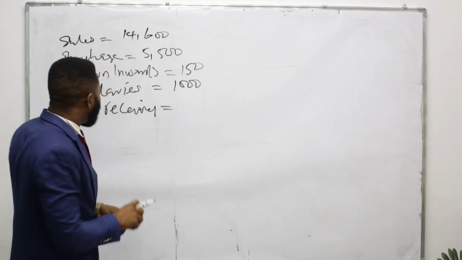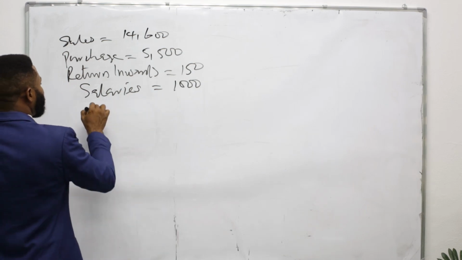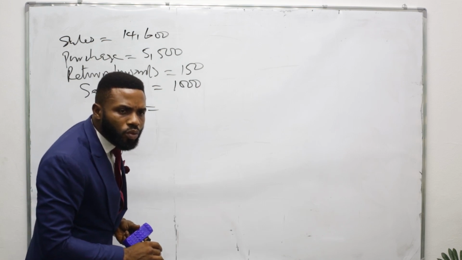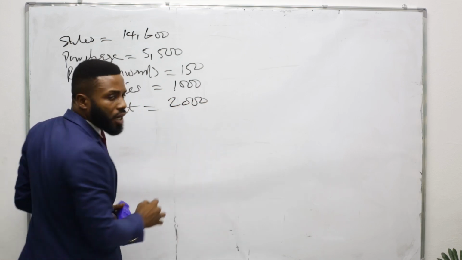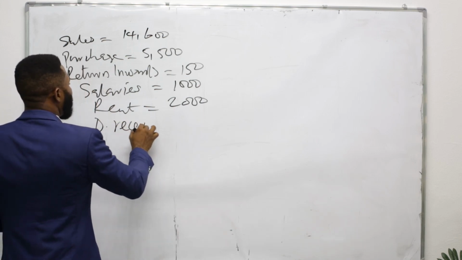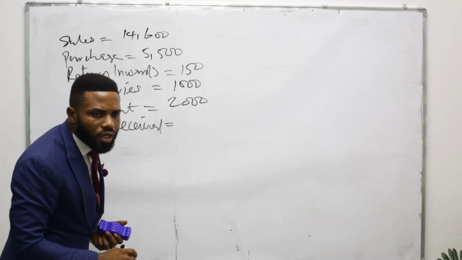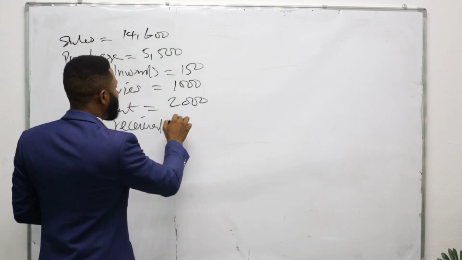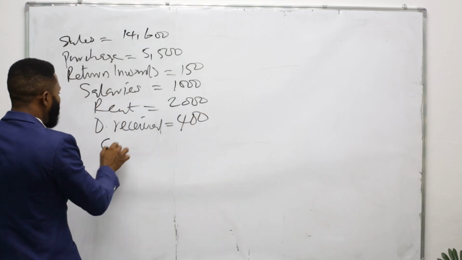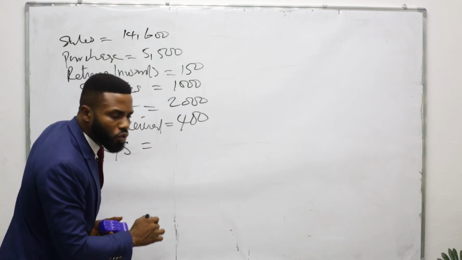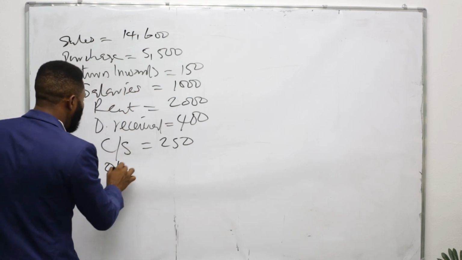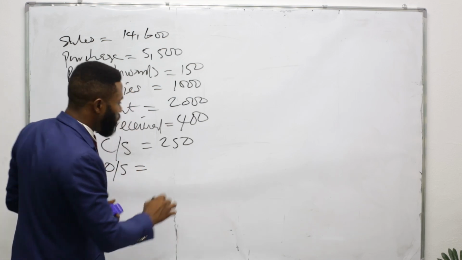Okay, I think I skipped rent. Rent is equal to 2,000. And then we have discount received. Discount received is equal to 400. And we have closing stock. Closing stock is equal to 250. And the last but not the least is opening stock. Opening stock is 100.